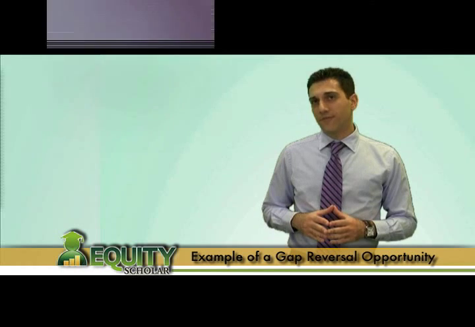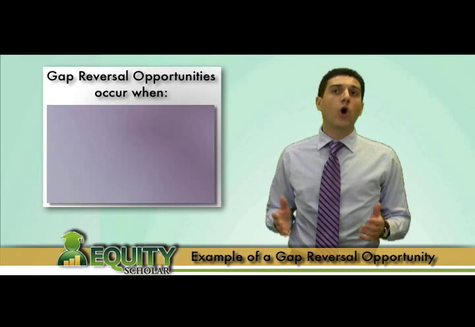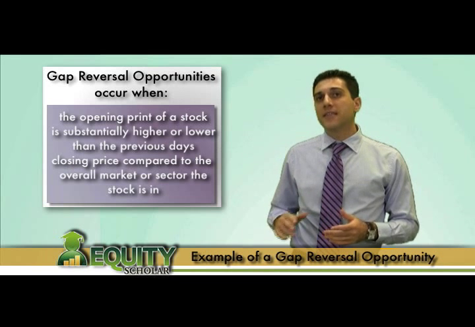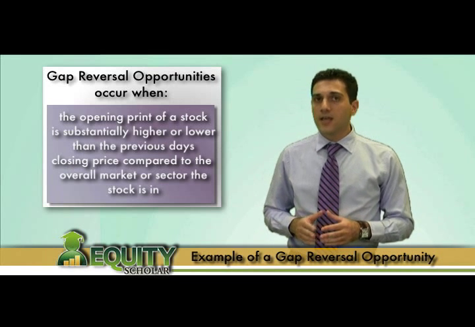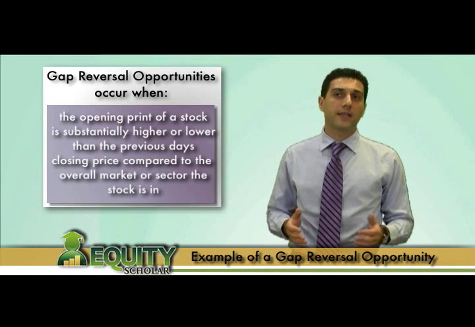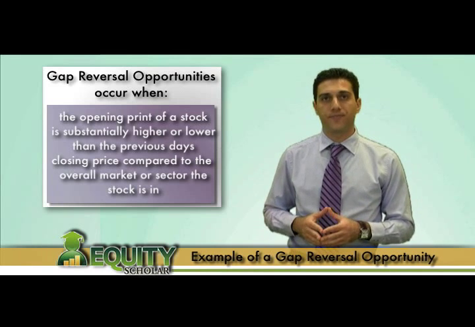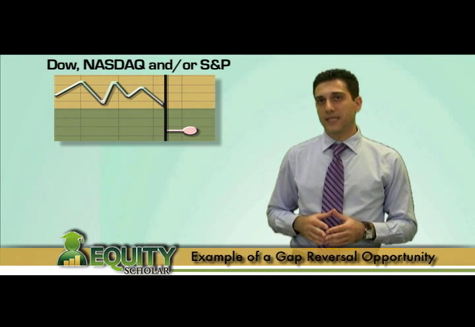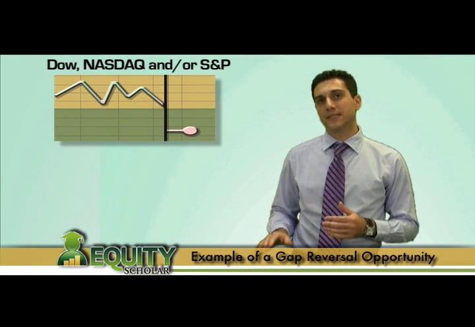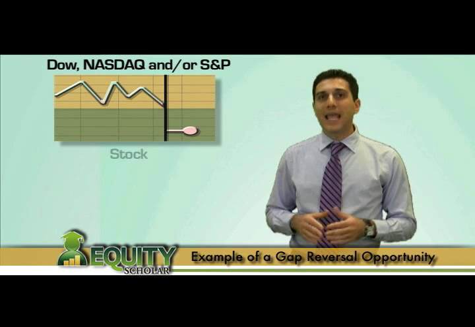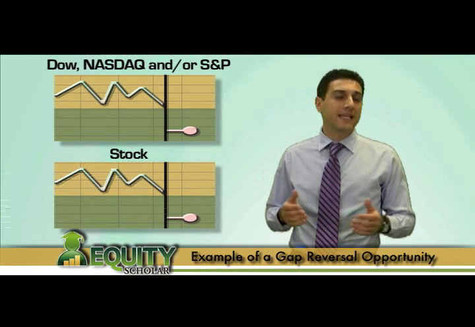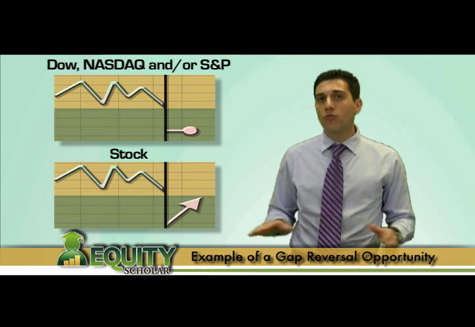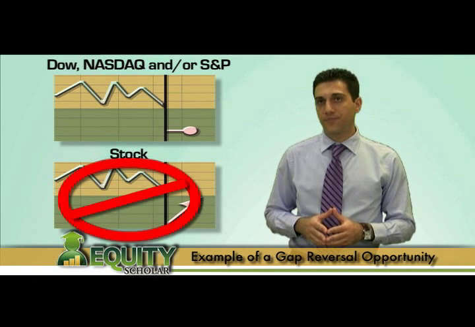Now, these gap reversal opportunities arise when the opening print of a stock is substantially higher or lower than the previous day's closing price compared to that of the overall market or sector the stock is in. For example, if the Dow, Nasdaq, and S&P are all set to open down significantly in the morning, then any stock opening down roughly that same percentage should be expected, and thus there is no real play on any gap reversal.